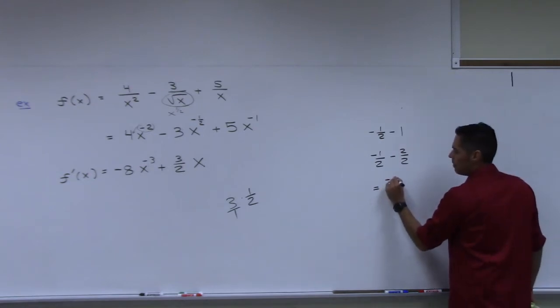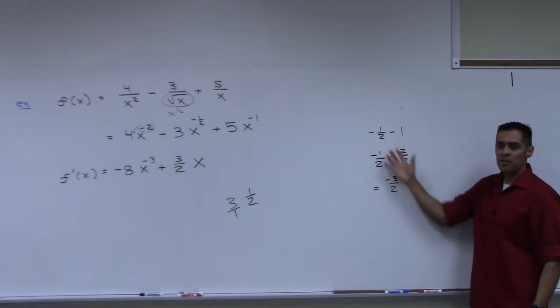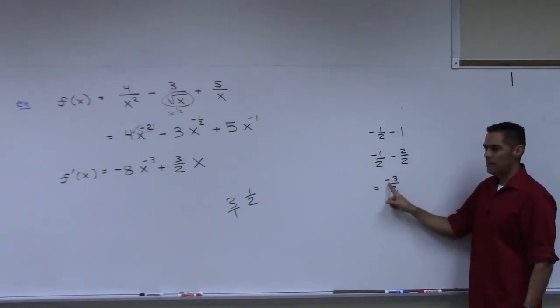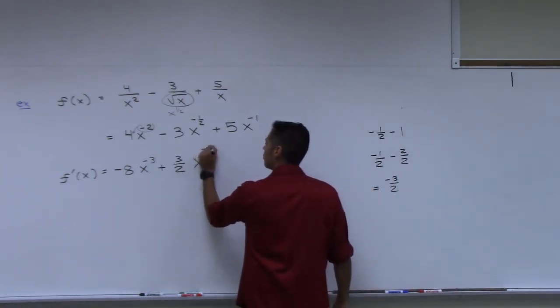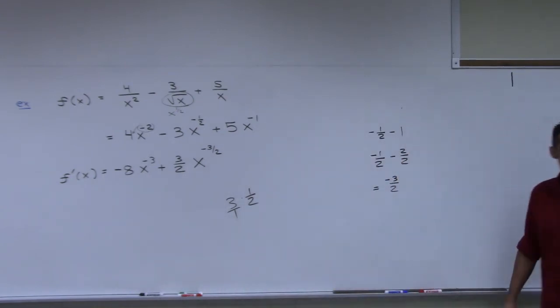Negative 3 over 2. So you're doing negative 1, you're taking away 2. I'm doing the same thing, common denominator, this minus this, so I get negative 3 over 2. Now you said negative 1.5, which is correct, but I'm going to leave everything as a fraction. So negative 3 halves there. Any questions on that one?